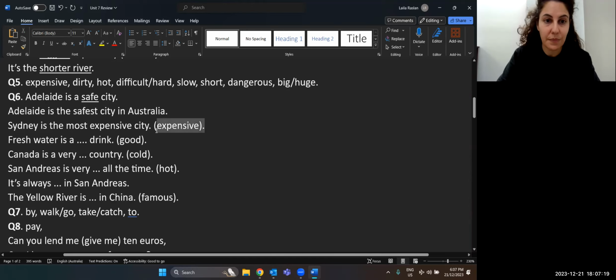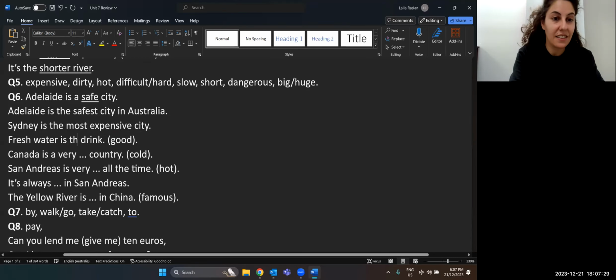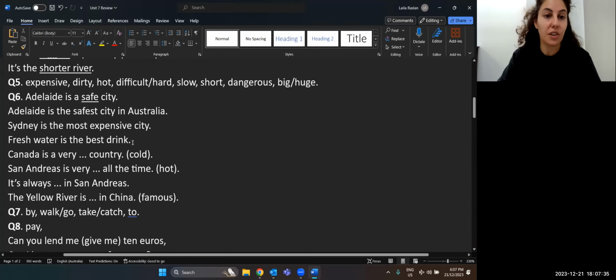That's an example. Fresh water is good. Yes, fresh water is the best drink. Why? Comparing it to many, it's the best drink. Or fresh water is better than salt water, or something like that.